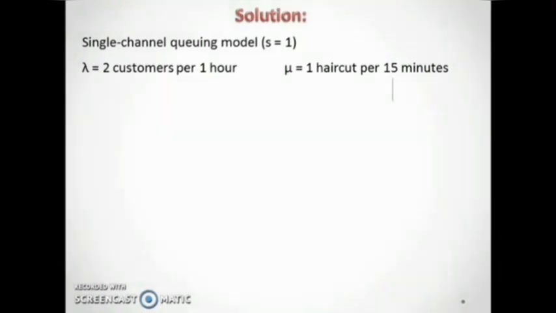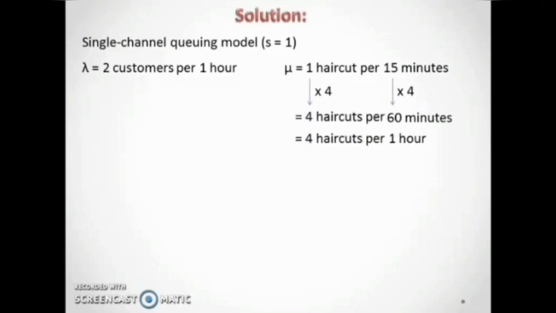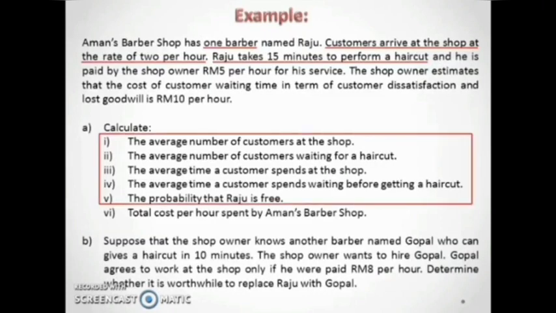Then equate 15 minutes to 60 minutes to make it 1 hour. So we multiply it by 4, then we also multiply 1 by 4, so our mu becomes 4 haircuts per 1 hour. So now we calculate these questions by using our formulas earlier.